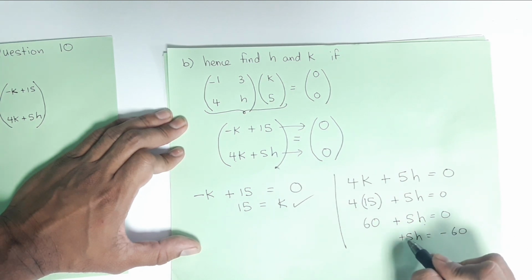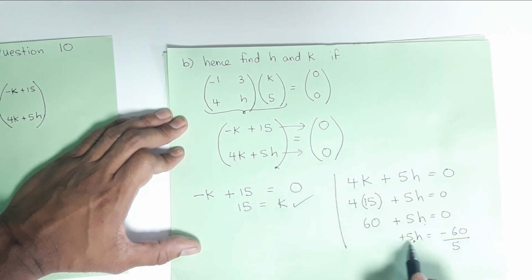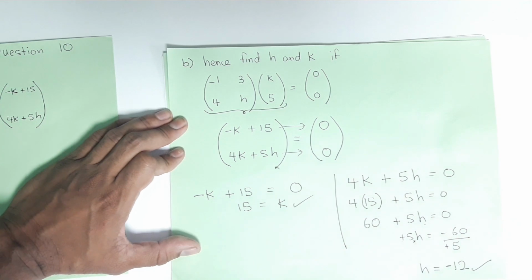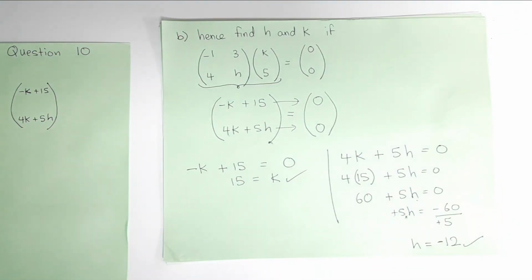And then the positive 5 is touching the h, so it's a secret multiply. Throw it across, you get a divide. Remember, when you throw across a multiply, you get a divide, but its sign does not change. Minus 60 divided by positive 5 is minus 12. So that means k was 15 and h was minus 12.